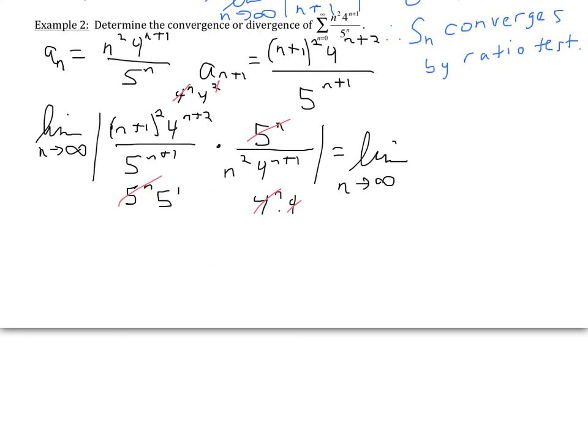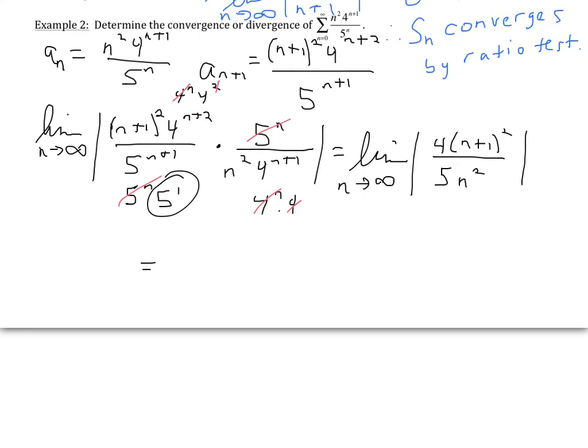So we're going to end up with a 4 on top. We're also going to end up with the n plus 1 squared and the n squared, because those will not simplify out. So we're going to end up with 4 times n plus 1 squared over n squared. And even if we FOILed out that n plus 1, it's not going to cancel with the n squared on the bottom. But that's okay, because what we've got is, oh, I left off my 5. Silly me. There's a 5 on the bottom. Okay, I had that 5 left.